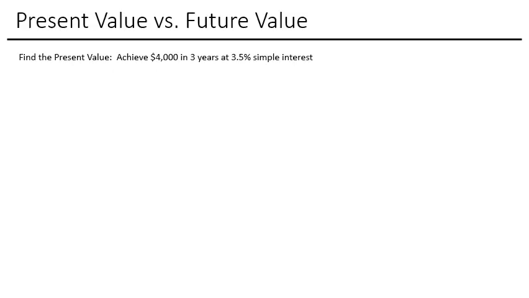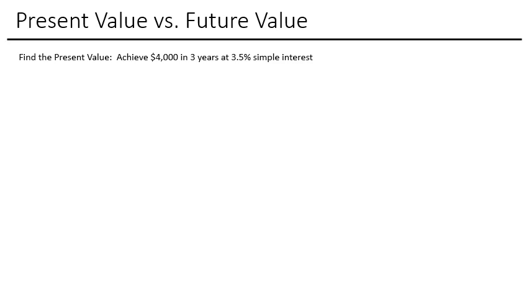All right, so now we're going to look at present value versus future value. You have these two different formulas, and sometimes it's confusing as to which one you need to use. So here again, we're going to look at a few keywords. This is asking you to find the present value, which probably means you want to use a present value formula.